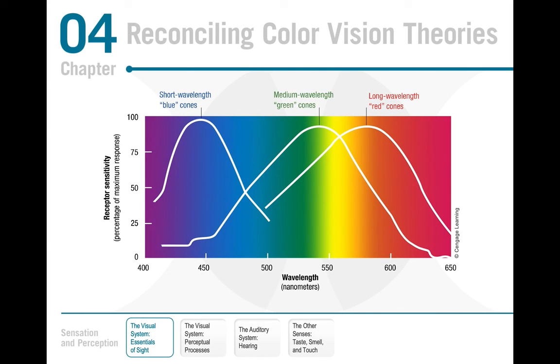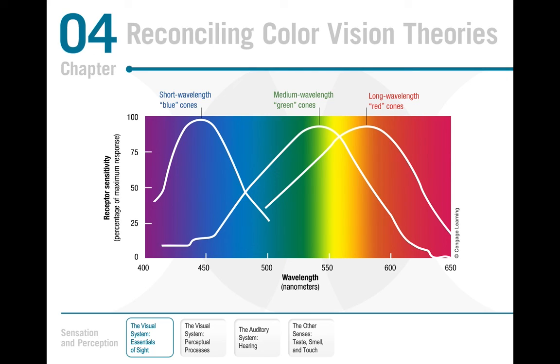Well, research has identified three types of cones. And actually, before I go into more detail about this, basically there is some truth to both these theories of color vision. Let's talk about what we found out so far that supports trichromatic theory.